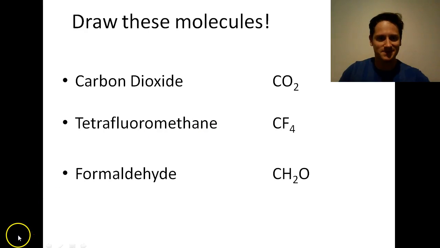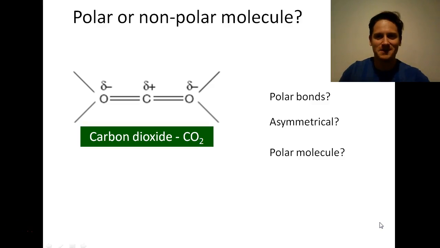Good luck. Okay, so here's the first of our 3 examples where we're going to determine whether the molecule is polar or non-polar. We started off with carbon dioxide. This is the valence structure for carbon dioxide. We've got double bonds between the carbon and the oxygen. Carbon has a covalency of 4.